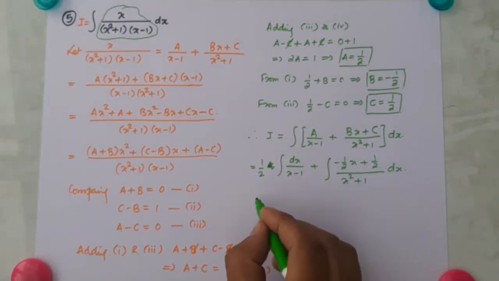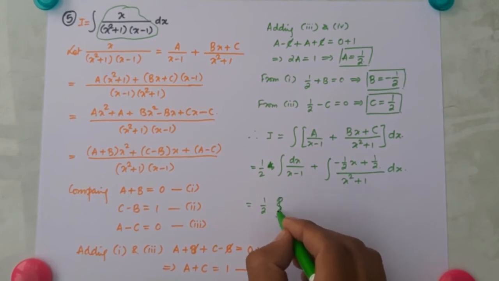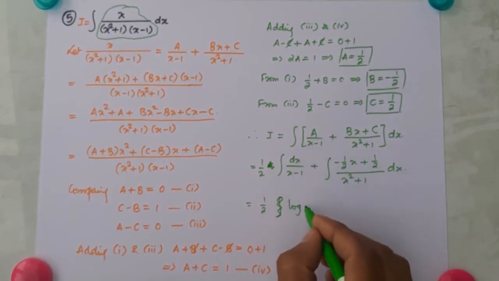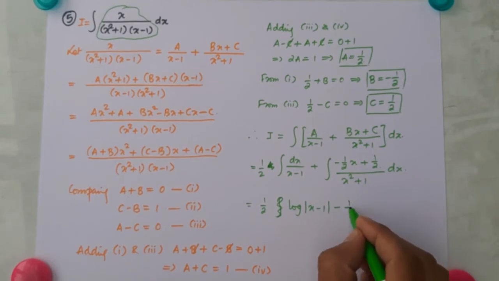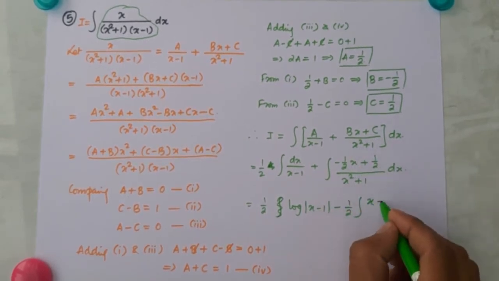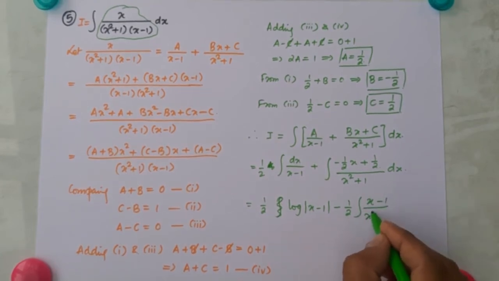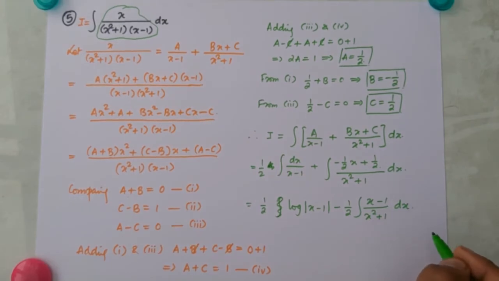So you see that half is there, so this can be written as log of x minus 1, minus half can be kept common. So this becomes x minus 1 by x square plus 1 dx.